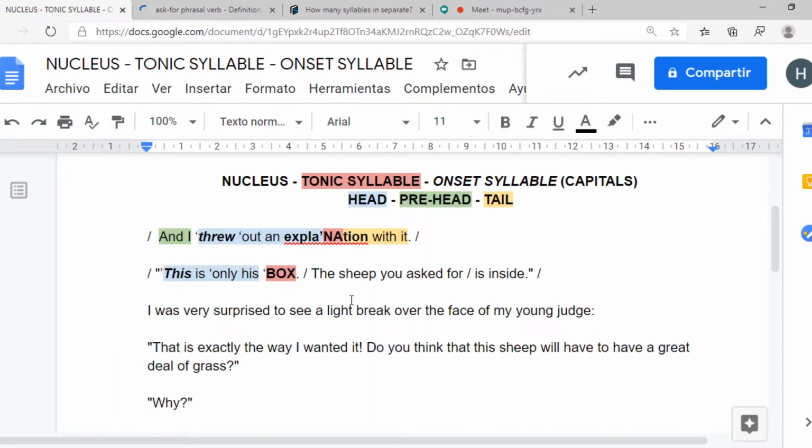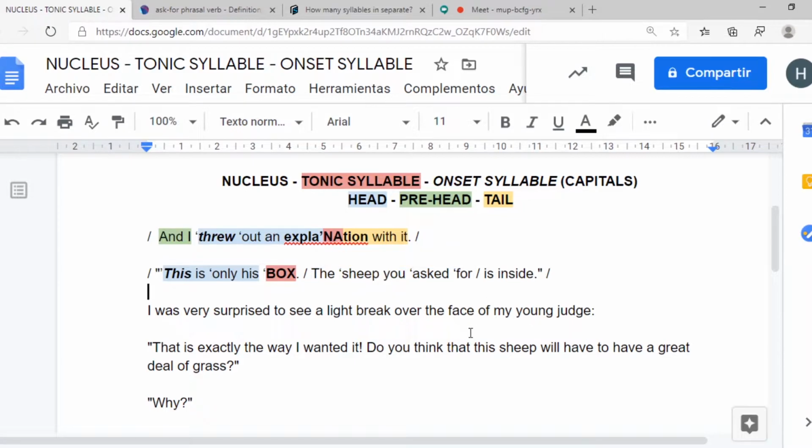So let's check here. Ask for. Do I have some other word after for? I don't have any other word here, so I can keep both stresses. Okay, and then you have another stressed word here. So I have three stressed words in these units, because I'm just analyzing these units.